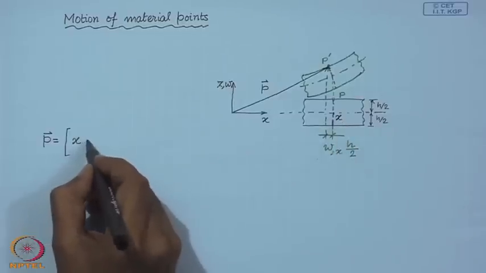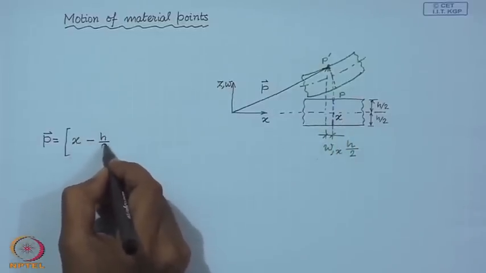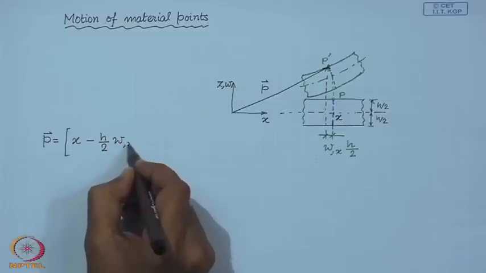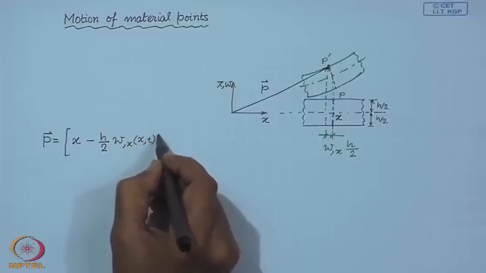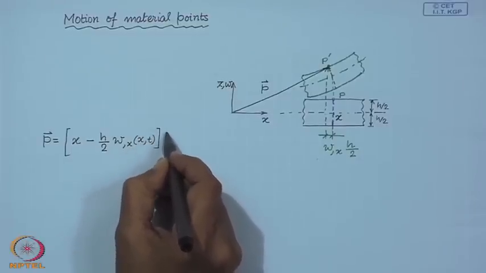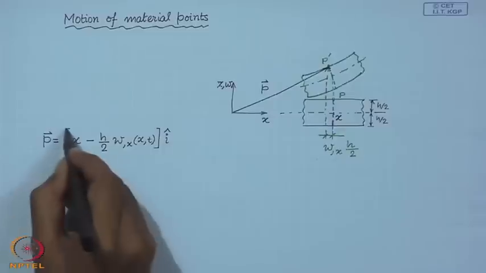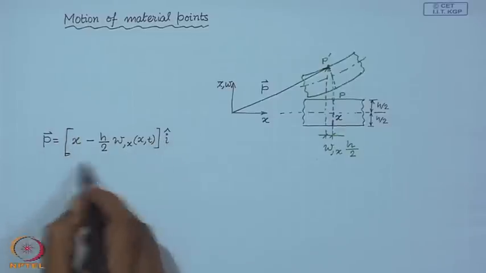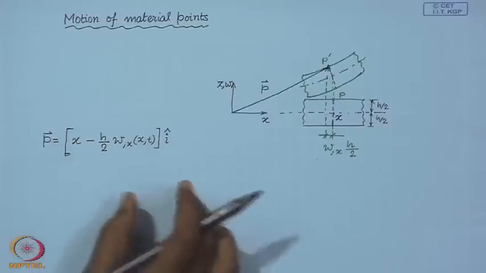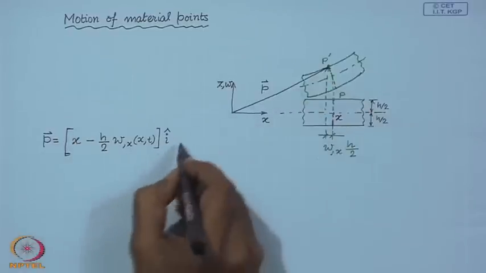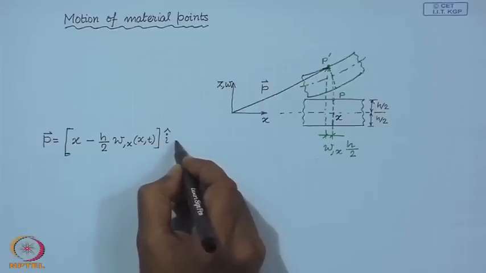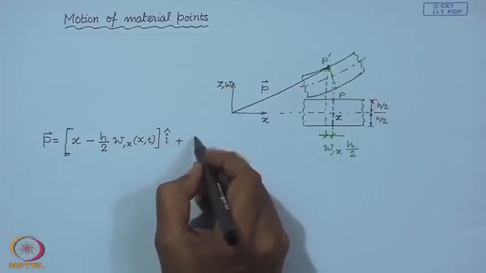Now, this is x minus this, so this is the x coordinate of the point P prime and the z coordinate.